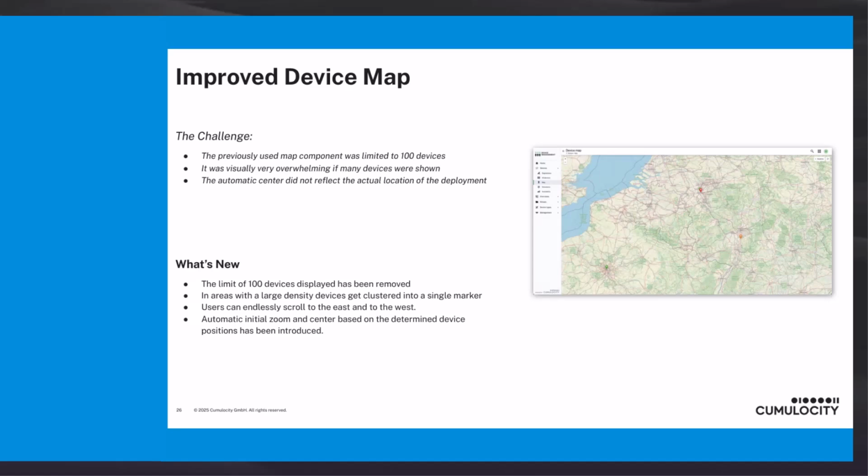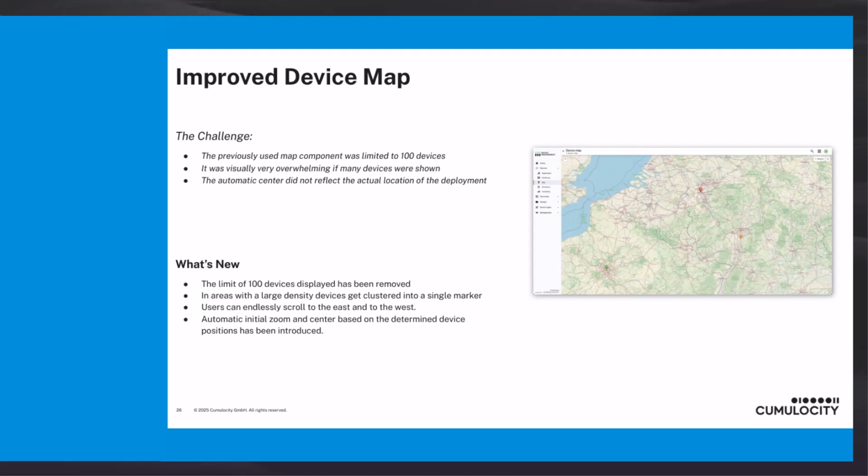Another improvement that we did was in the context of the device map. The device map is the place to go to get an overview of the geographical distribution of your deployment, to see where all your devices are right now. But there were also some limitations regarding the number of devices that were visible on that map, which was restricted to 100 devices.